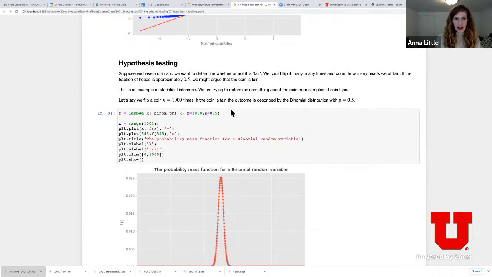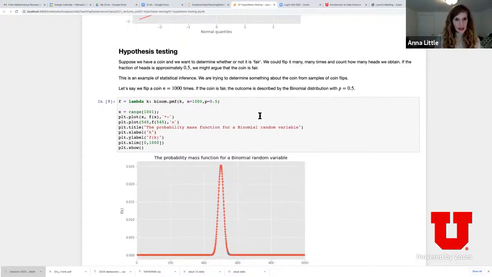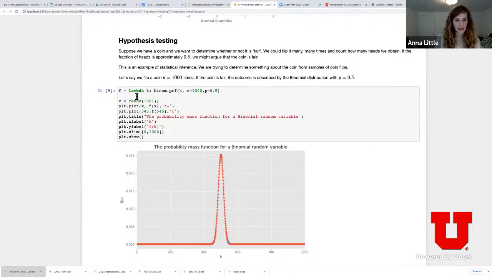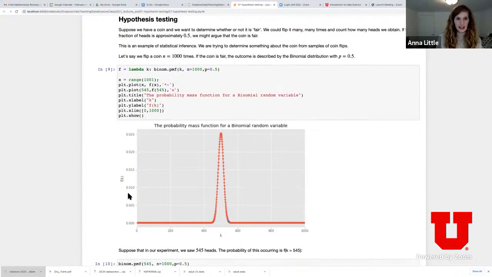Okay, so let's say we have n of 1,000. If the coin is fair, then we know the outcome is distributed according to a binomial distribution with a p of 0.5. So let's plot the PMF. We can define this function f, which just maps k to the binomial PMF evaluated at k, and then we can plot this PMF.